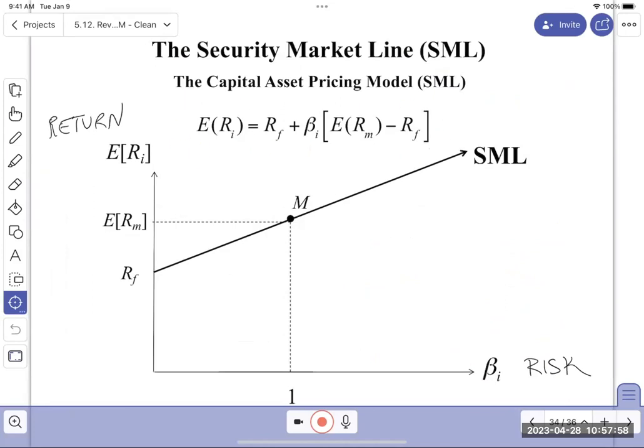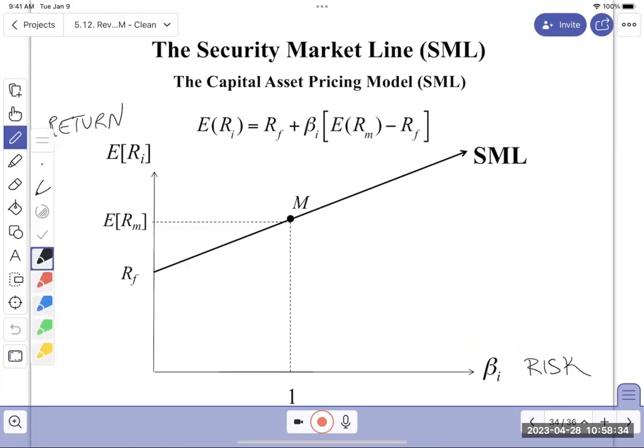So what's the slope? Okay, so it cannot be beta, because beta is not the slope. Beta is the x-axis. So it must be the other thing.